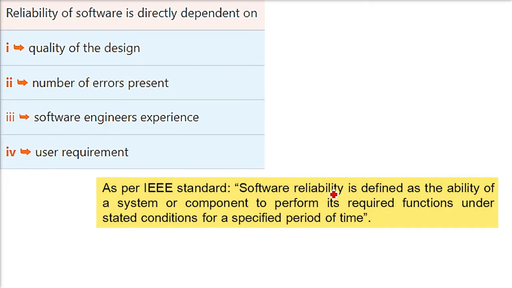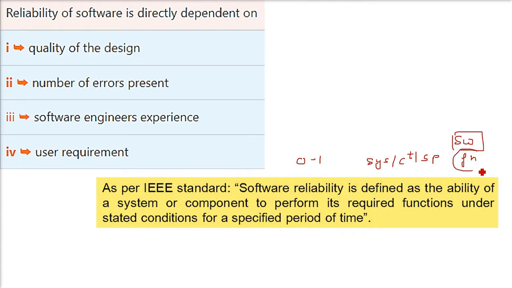Software reliability is a probability, and it is defined as the ability of a system or a component to perform its required functions, to perform what it is being designed and made for, under the stated conditions for a specified period of time.